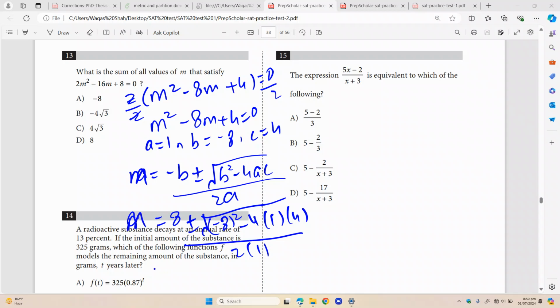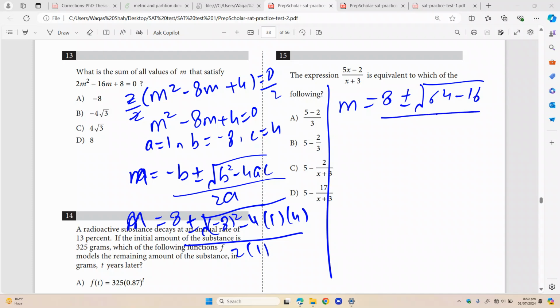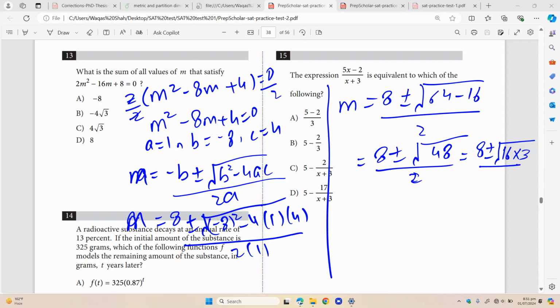So m is equal to 8 plus minus the square root of 64 minus 16, divided by 2. 64 minus 16 is 48, and 48 is a multiple of 16, so it will be 8 plus minus the square root of 16 times 3, divided by 2.